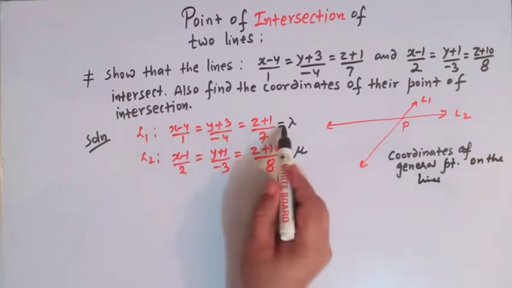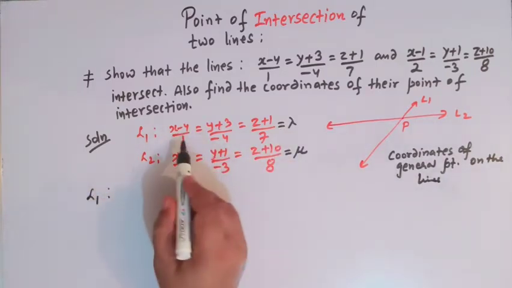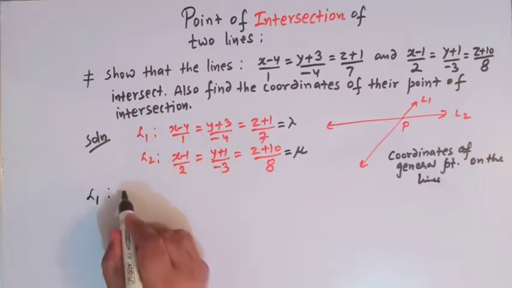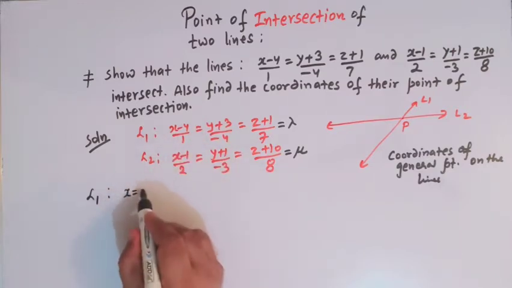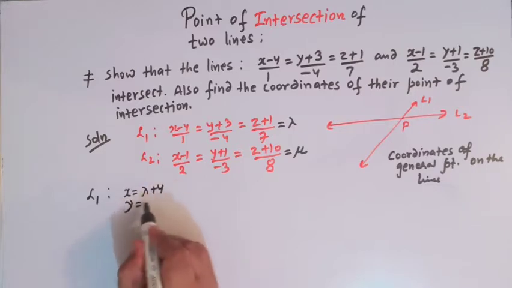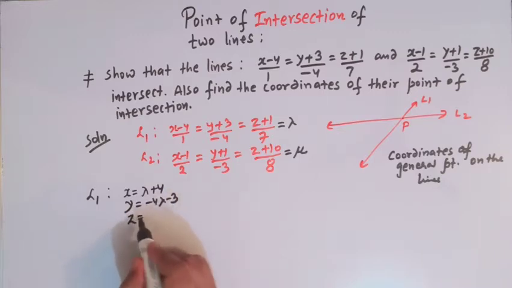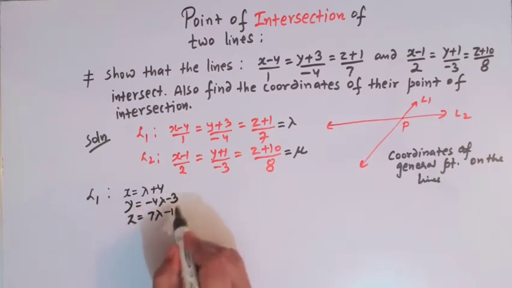From here we see that the coordinates of the general point on line L1 are x equal to lambda plus 4, y is equal to minus 4 lambda minus 3, and z is equal to 7 lambda minus 1.